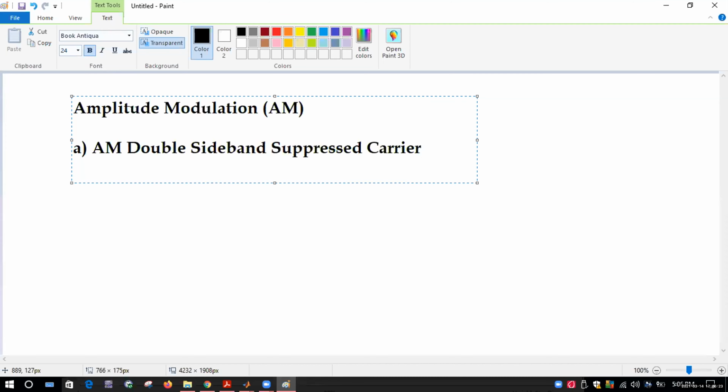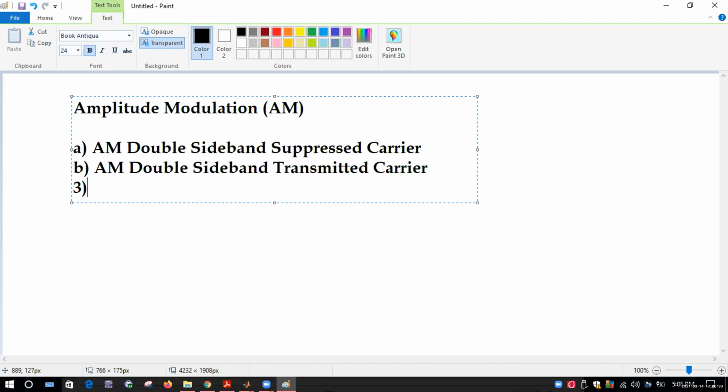Then we have the second form, which is AM double sideband transmitted carrier. And the third type of amplitude modulation is AM single sideband transmission, also known as SSB.